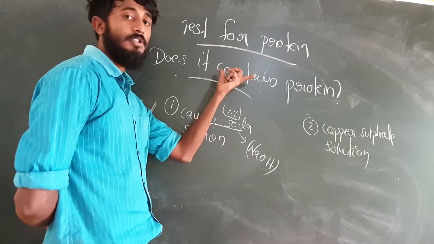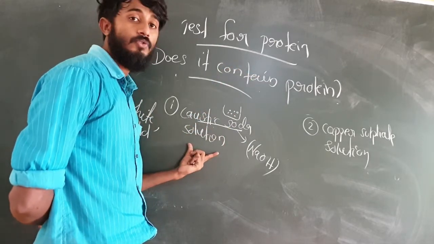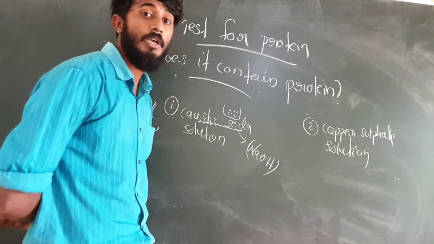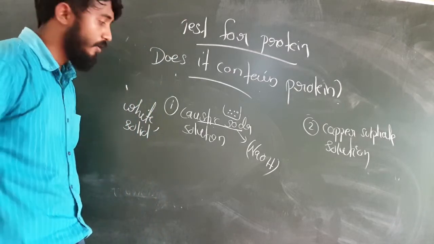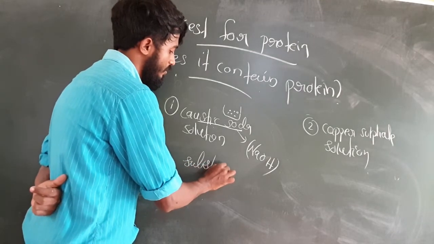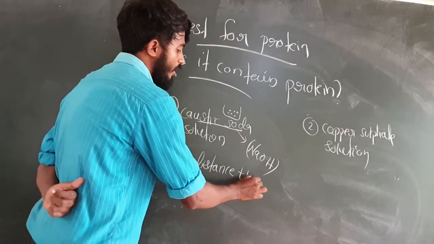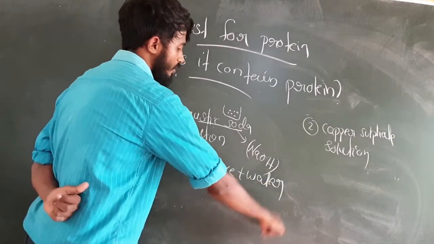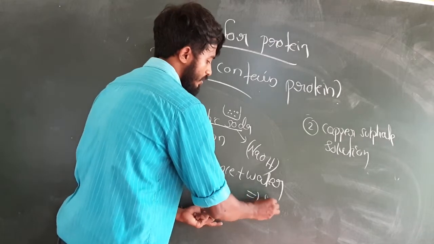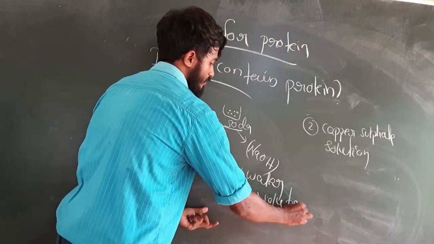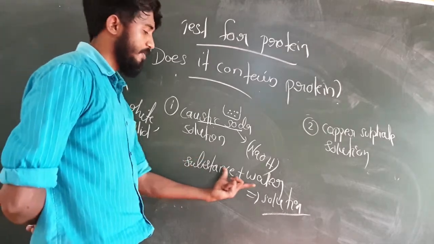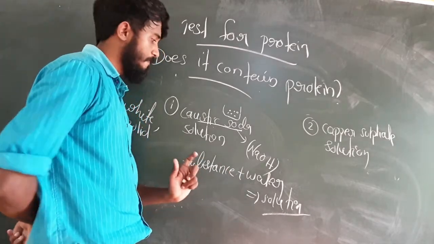So for testing the presence of protein, we need to make a solution, isn't it? So usually, how do we make a solution? When we mix a substance with water, we get a solution, that is important.